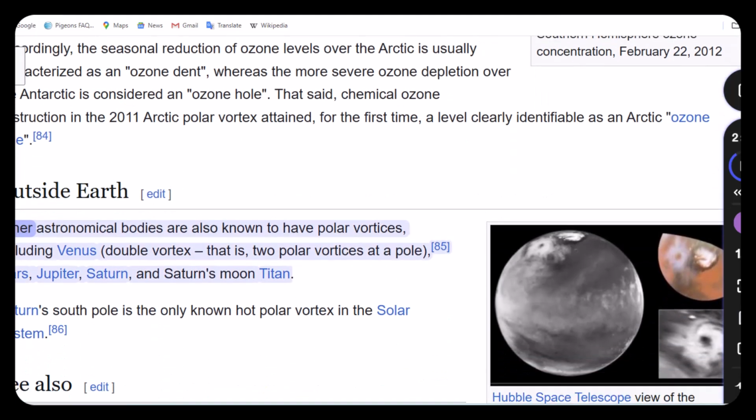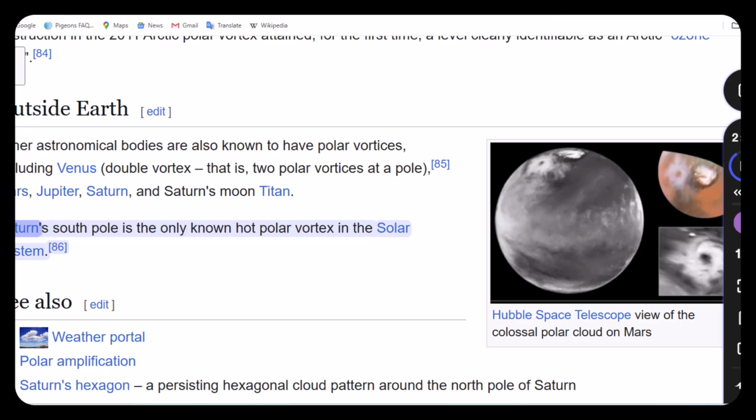Outside Earth, other astronomical bodies are also known to have polar vortices, including Venus's double vortex, that is, two polar vortices at a pole, Mars, Jupiter, Saturn, and Saturn's moon Titan. Saturn's south pole is the only known hot polar vortex in the solar system.